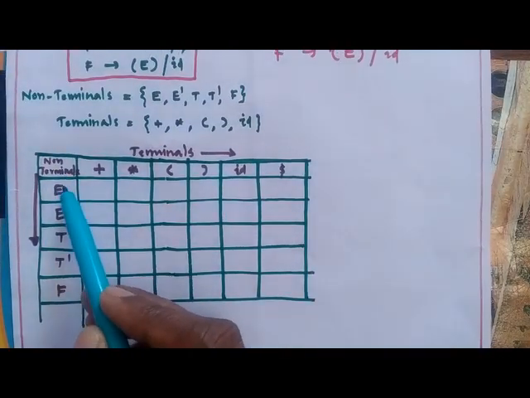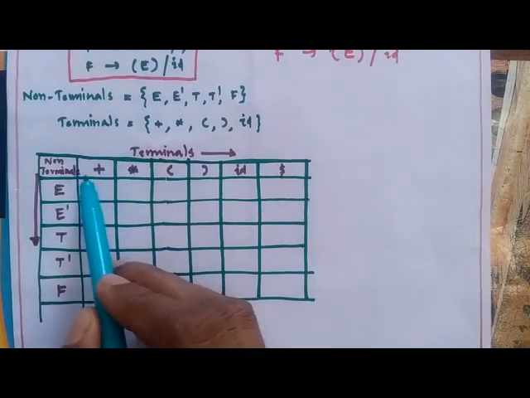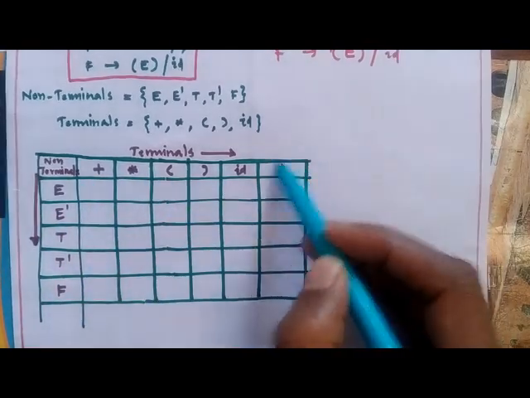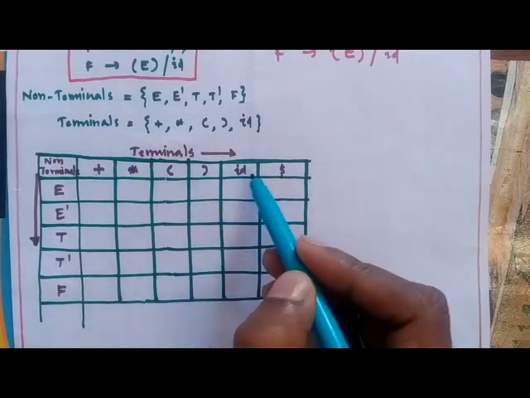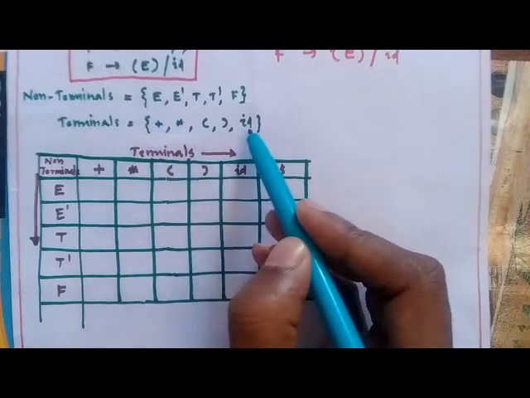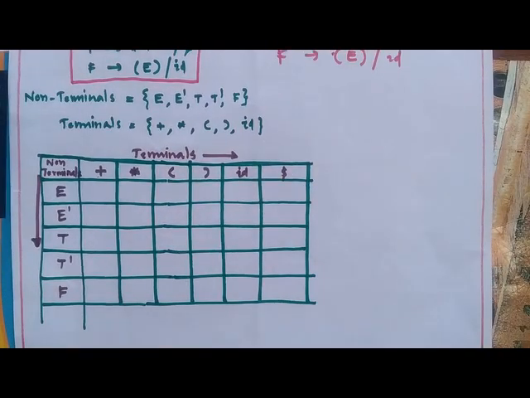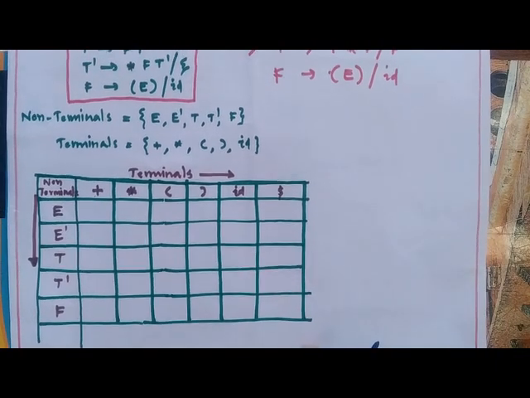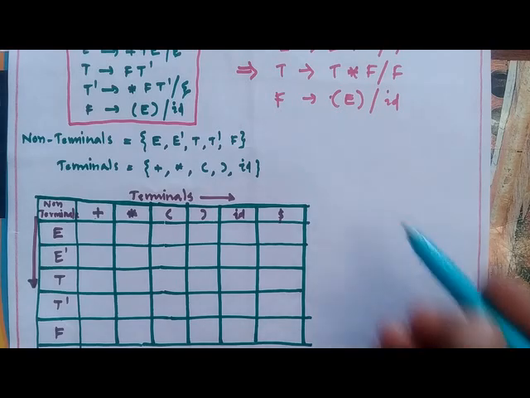Non-terminals E, E dash and so on label the rows, and the columns are labeled by terminal symbols, plus one more symbol we have used, that is dollar. Plus, star, left bracket, right bracket and ID are all terminal symbols in the terminal set, and dollar is an end mark. Then one by one we can see how we can fill this table using the above algorithm.